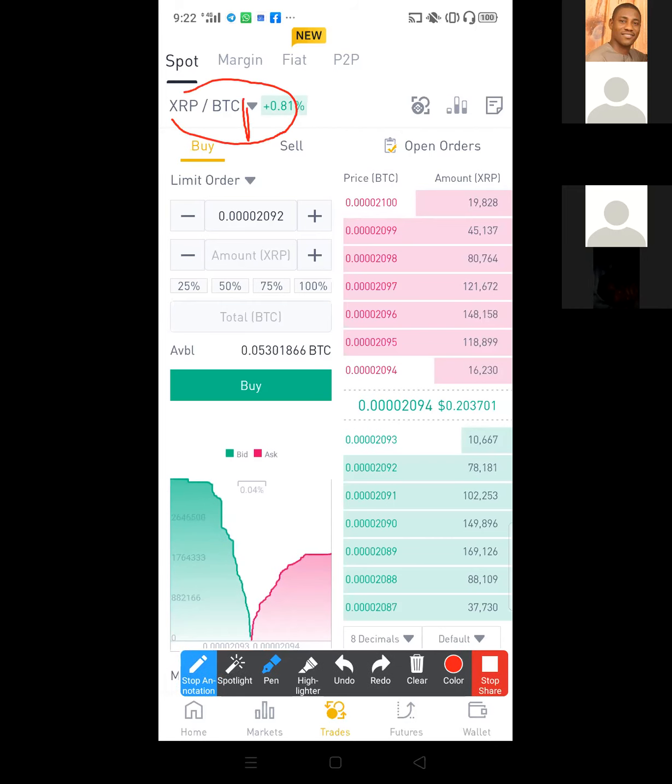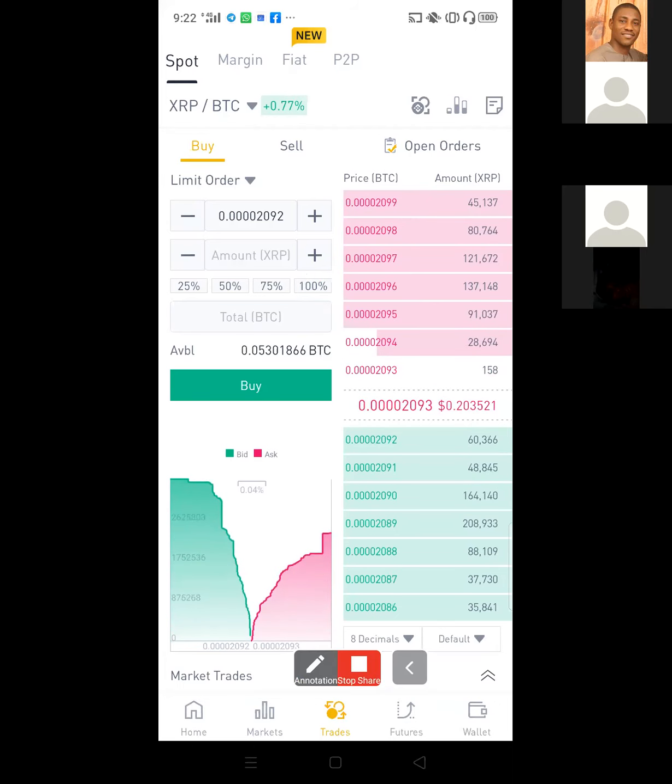Here, 100%. I'm going to tap on that. If I do, it simply means that I want to use the entire amount I got to buy XRP. So I'm going to tap 100%, and that will give me 2,534.